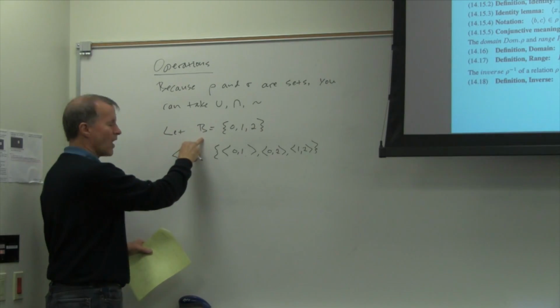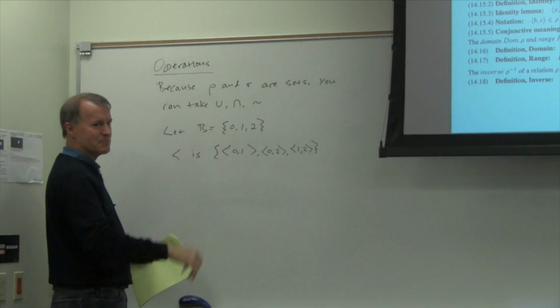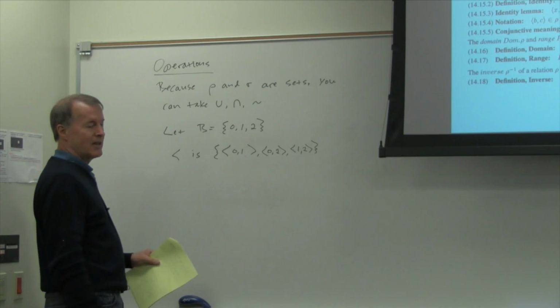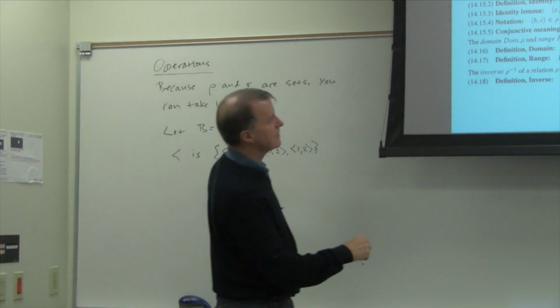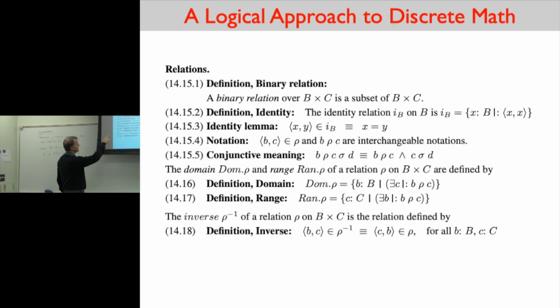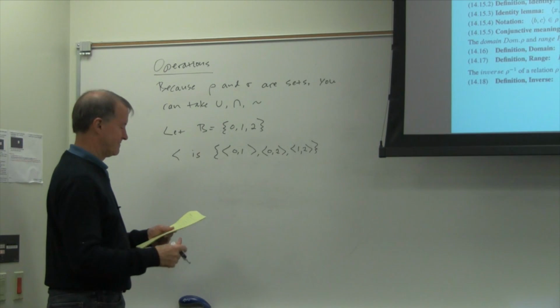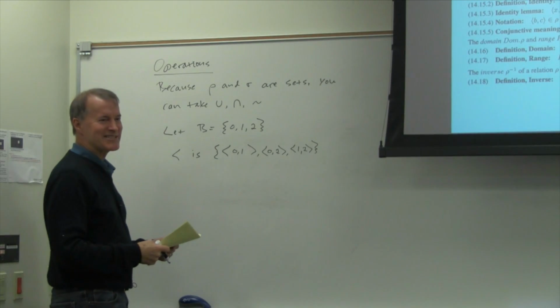Whenever I just give one, I mean B cross B. In fact, look at the identity lemma 14.50.3: when it says I sub B, it means it's on B cross B. They like abbreviations.